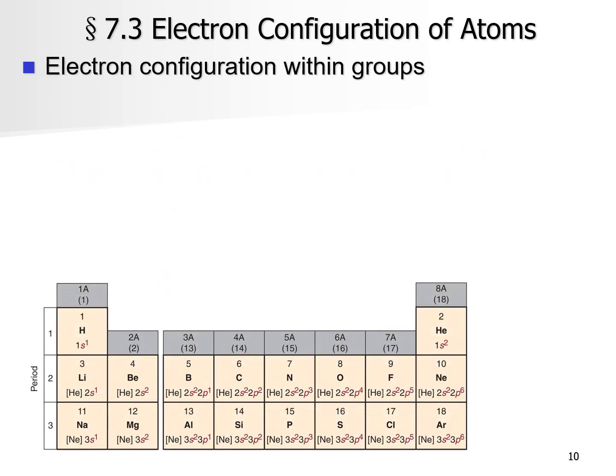We have just finished the first 18 elements with their electron configurations. And as we put them all together, the gap we have right over here is for the transition elements, which we're going to talk about in a few seconds.